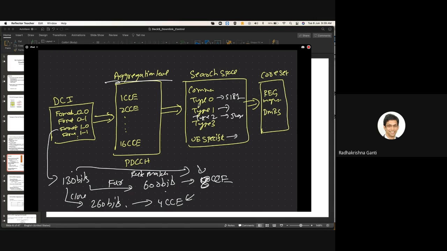All core sets do not have all types. Similarly, UE specific also, you put them in some particular core set, you provide a search space. Essentially you're providing some subset of the core set, and then finally you map it into the physical space, which is nothing but the core set.